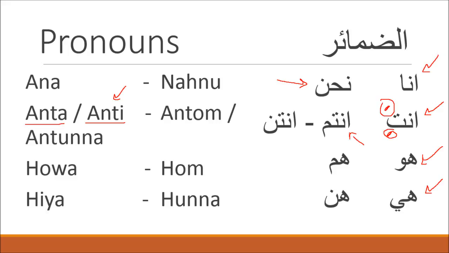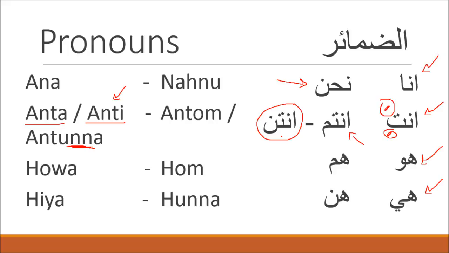If you say antum, that means you are talking about this group, whether it is a group of females or a group of males. But antunna, with a double N here, is you all but only for females. So this is when you want to respect a group of females and say you all, so you say antunna.